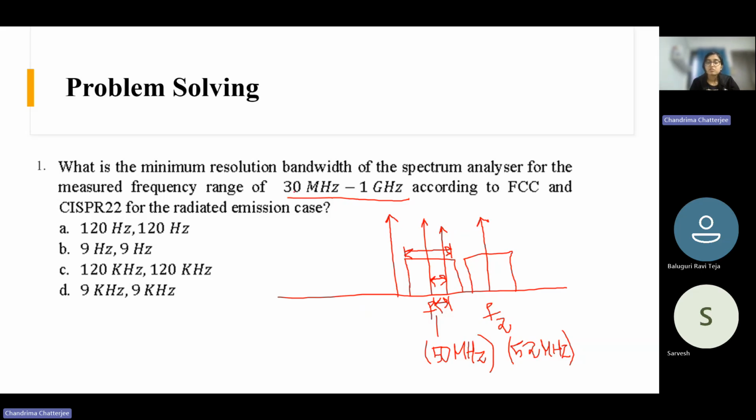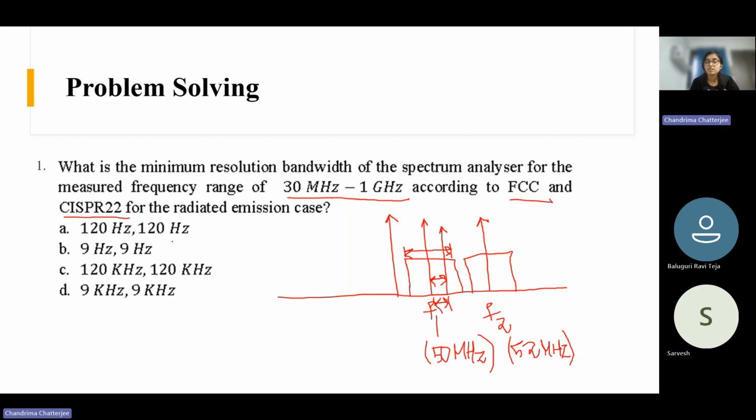Okay. So the resolution is also specified by these international standards, FCC and CISPR 22. What should be the minimum resolution bandwidth for radiated emission, and what should be the minimum resolution bandwidth for conducted emission?